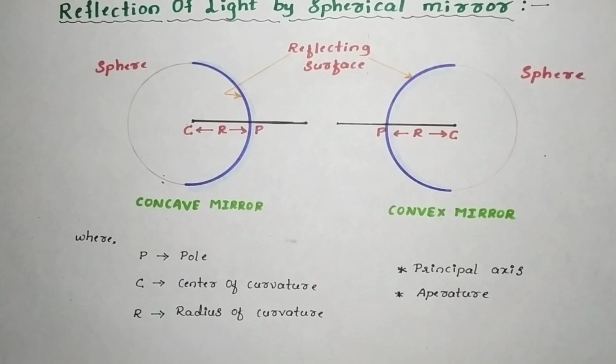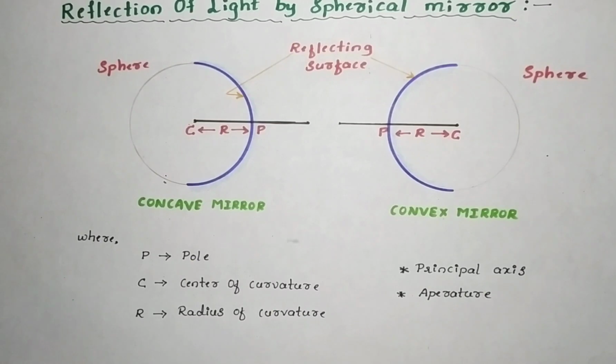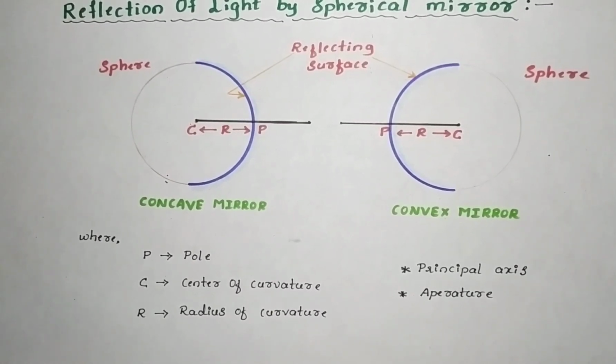Now the question arises, why do we have to use spherical mirrors? Why not plane mirrors? Because spherical mirrors have many applications in our daily life compared to plane mirrors. For example, consider a plane mirror. When a person is standing in front of the plane mirror, the size of the person and the size of the image on the mirror are equal.